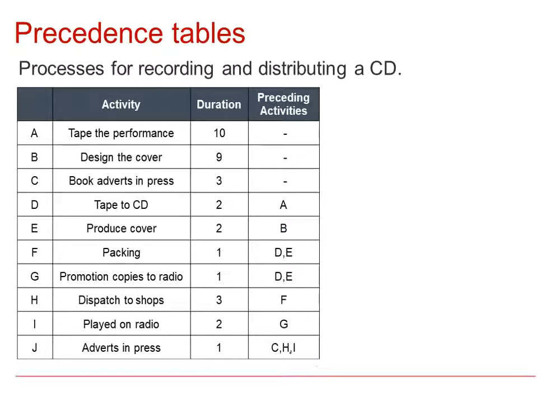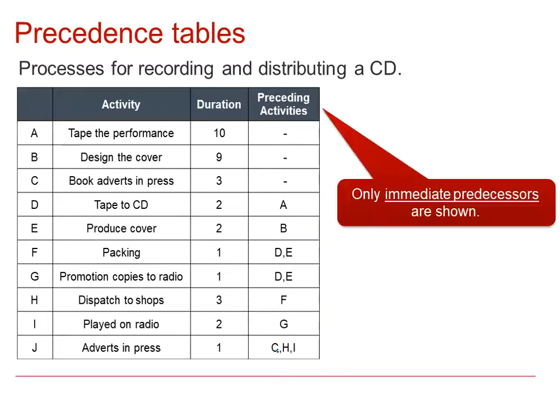And for example, at the end, putting the advert in the press can only happen after we've booked the advert in the press, dispatched the CDs to the shop, and played the CD on the radio.